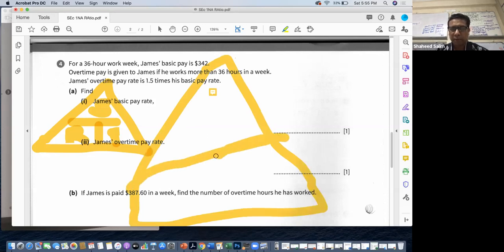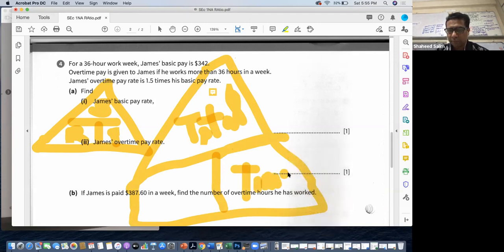So you want to find the total. I just put total here. Total can be salary, or whatever total. This one here is time, and this one here is rate, R for rate.